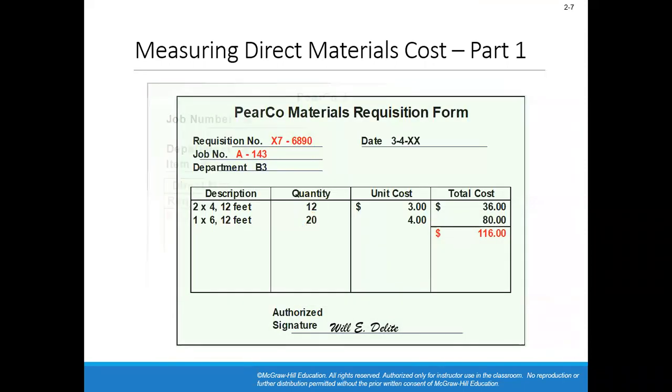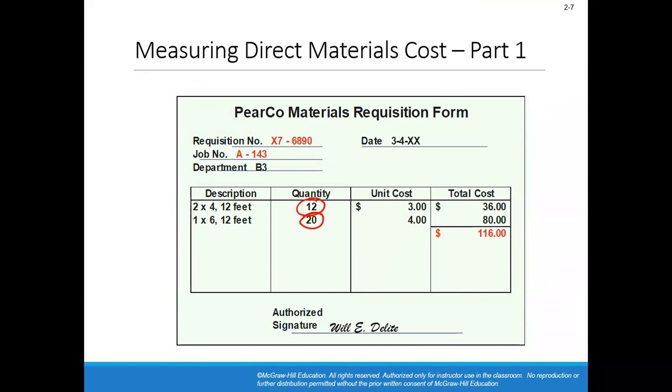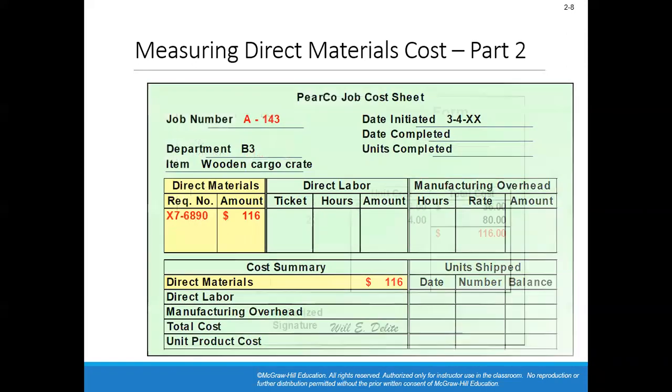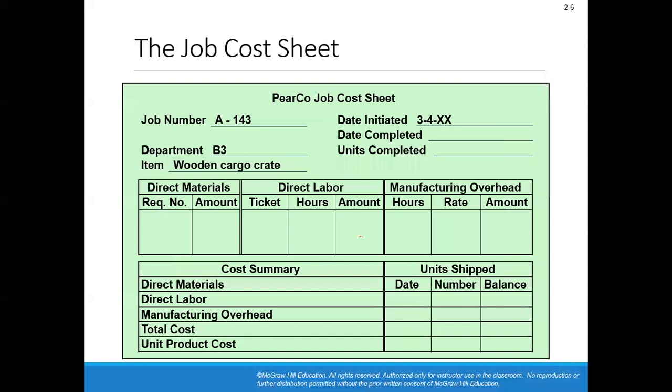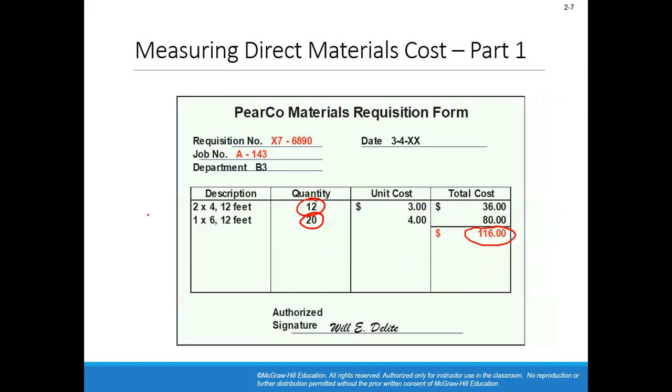So let's turn back to the job cost sheet. How much direct materials are we requiring for this particular job A143? We are requiring this amount of direct materials cost, $116. So it will be transferred to where? Can you recall this blank one? We can write here the requisition number from this requisition form.